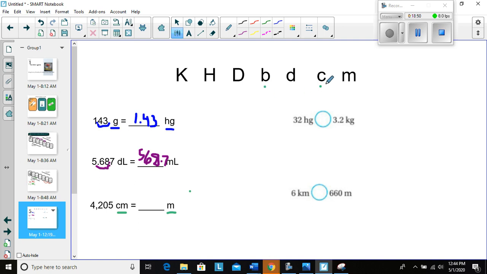So we're going from centi to base. So we're going to actually go forward this time again. So forward, forward, 2 jumps. Have we only been doing 2 jumps this whole time? Oh well. Forward 2 jumps. If I go to the number they gave me in centimeters, there's no decimal, so I add 1 in the back. And now I do my 2 jumps forward. 1, 2 jumps forward. It's going to be here now. That means this comma is going to go away because it's not 4,000 anymore.